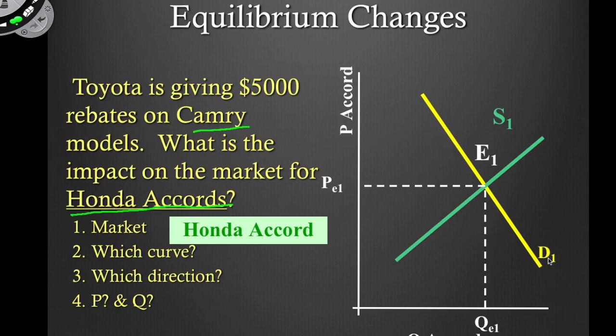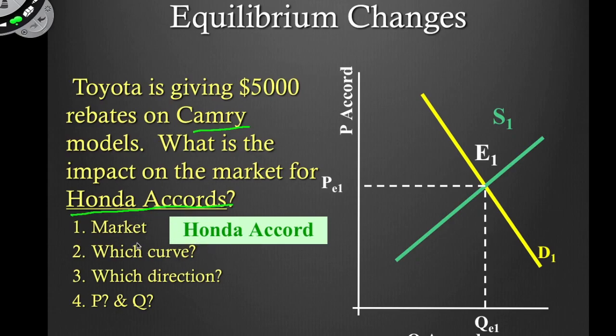So you have the demand for the Hondas and the supply for the Hondas. When Toyota gives a rebate on Camry, what happens to the market? Well, is it something that comes from the supply of the cars or the demand from the consumer? Well, because the Camry is a substitute to the Honda Accord, it comes from the consumers, right?